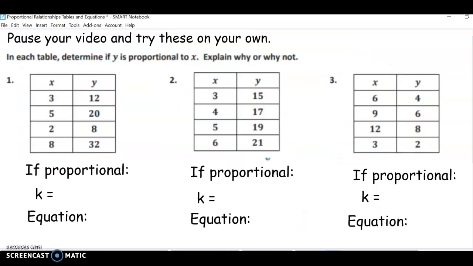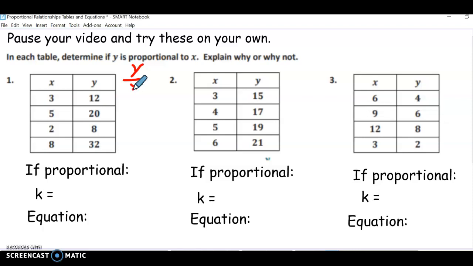Okay, now I want you to try these. Here's what I want you to do. There are 3 tables. I want you to tell me whether each one is proportional or not. Right? Proportional or not. And you should do that by figuring out y over x for each ratio and see if they are the same for the whole table.